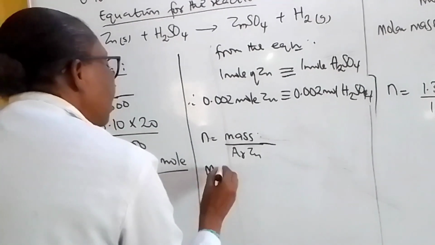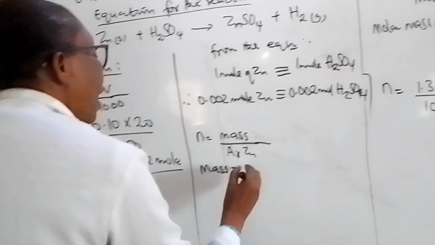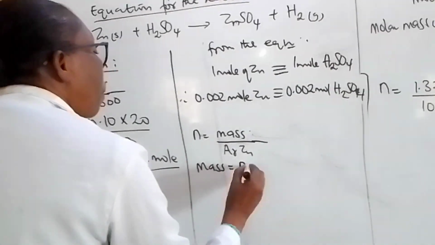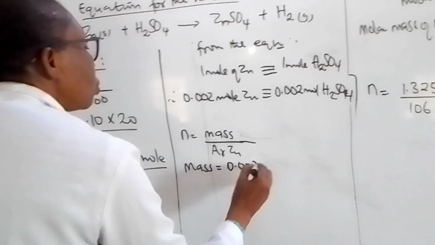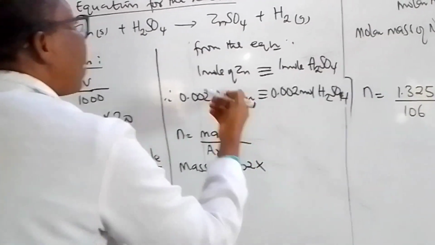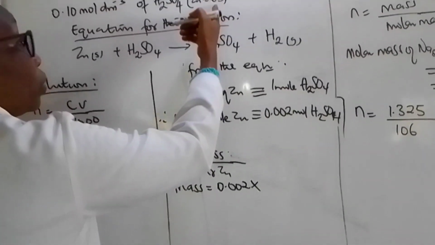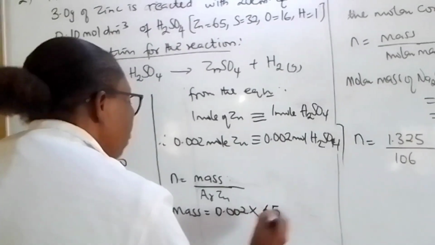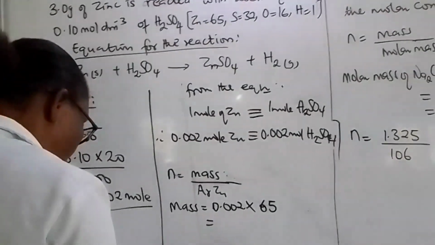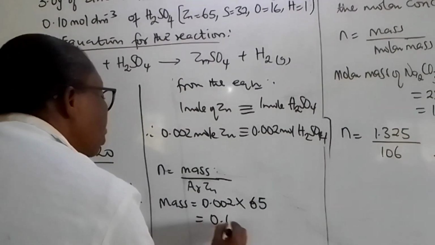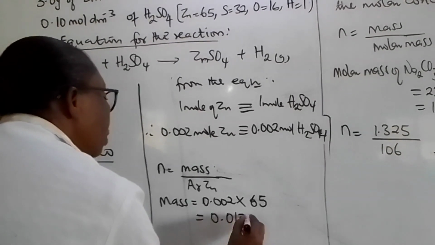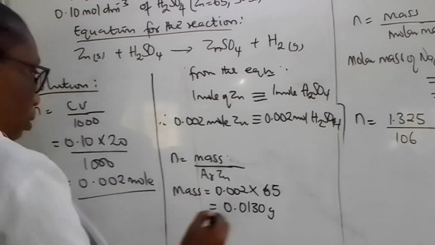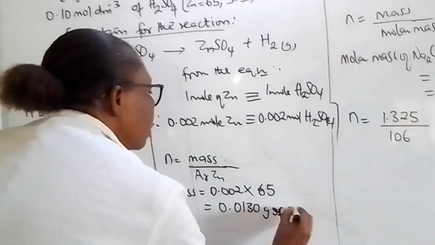So the mass will be 0.002 multiplied by the relative atomic mass of zinc, which they gave us to be 65. And that gives us 0.130 gram of zinc.